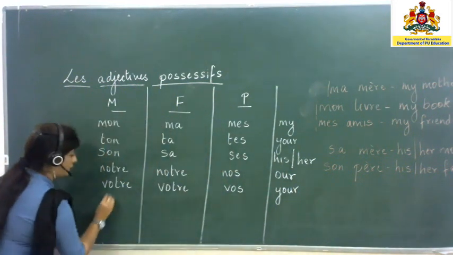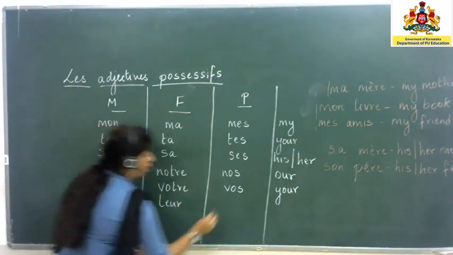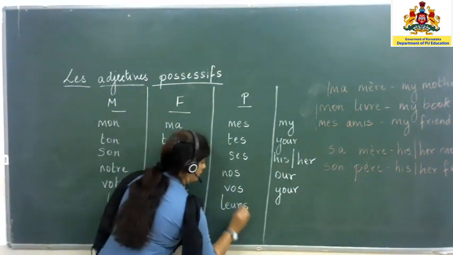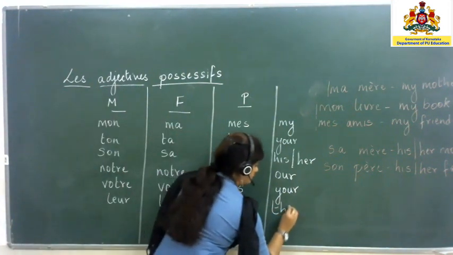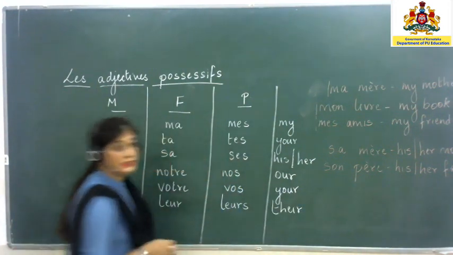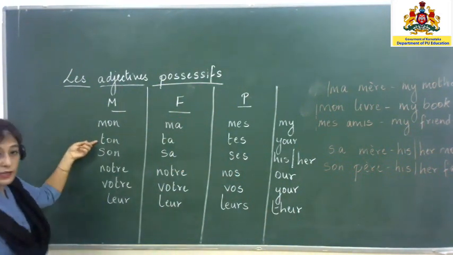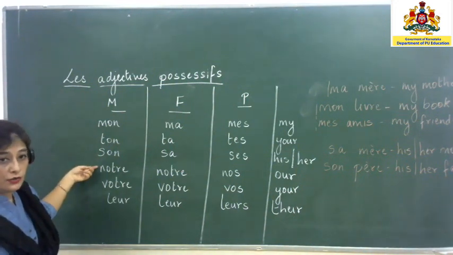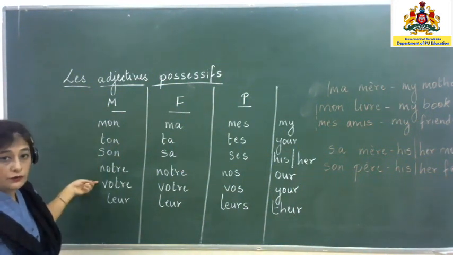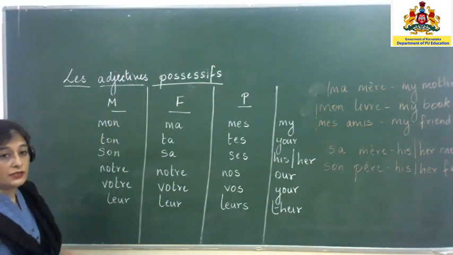And then you have leur, leurs, meaning their. So these are your possessive adjectives. Mon, ma, mes meaning my, ton, ta, tes meaning your, son, sa, ses meaning his or her, notre, nos meaning our, votre, vos meaning your, leur and leurs meaning their. So these are your possessive adjectives.